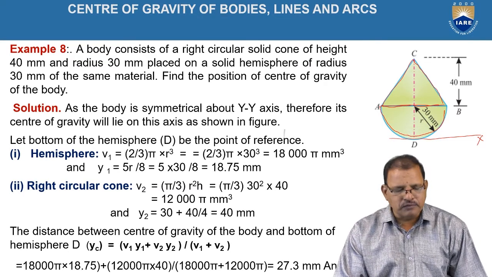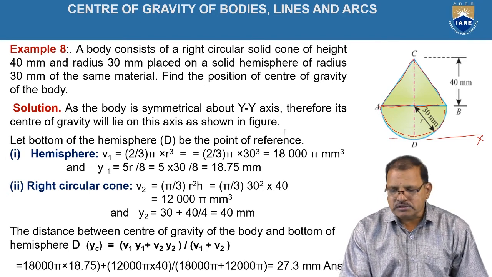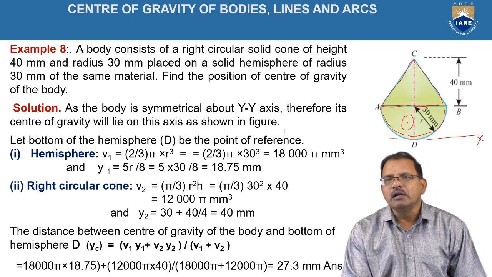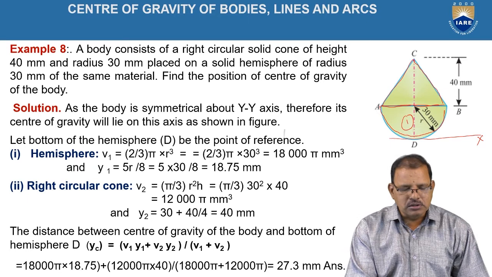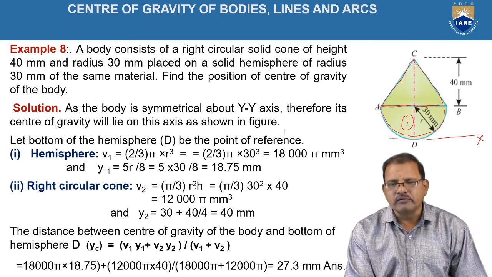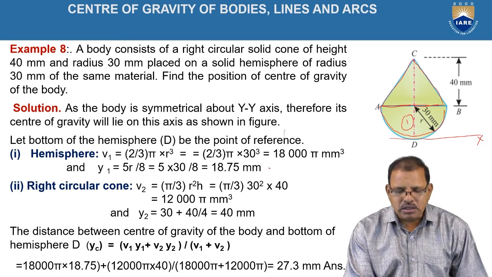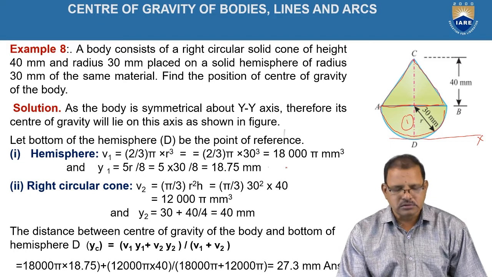Now, the position of y1 for the first object, the hemisphere, is equal to 5r by 8. So it is equal to 5 into 30 divided by 8, which is equal to 18.75.